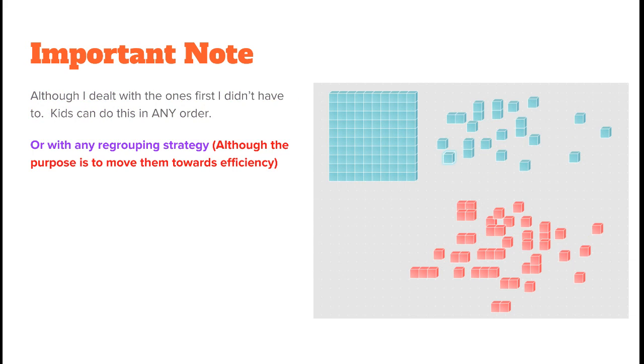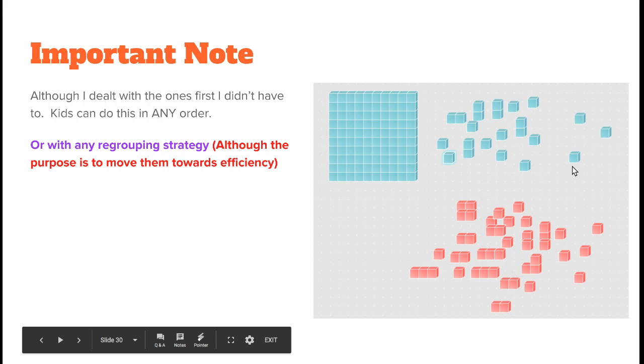I can also, and this is far less efficient, take all of my blocks for the subtrahend and trade them all for units. Might look like a bit of a mess, but it is solvable, and I can start just taking one at a time and pairing them up and pulling them out.